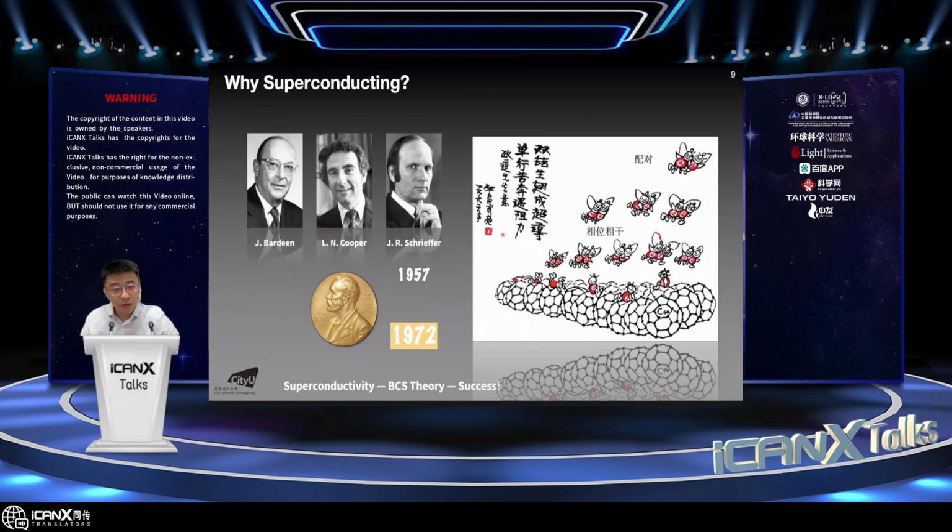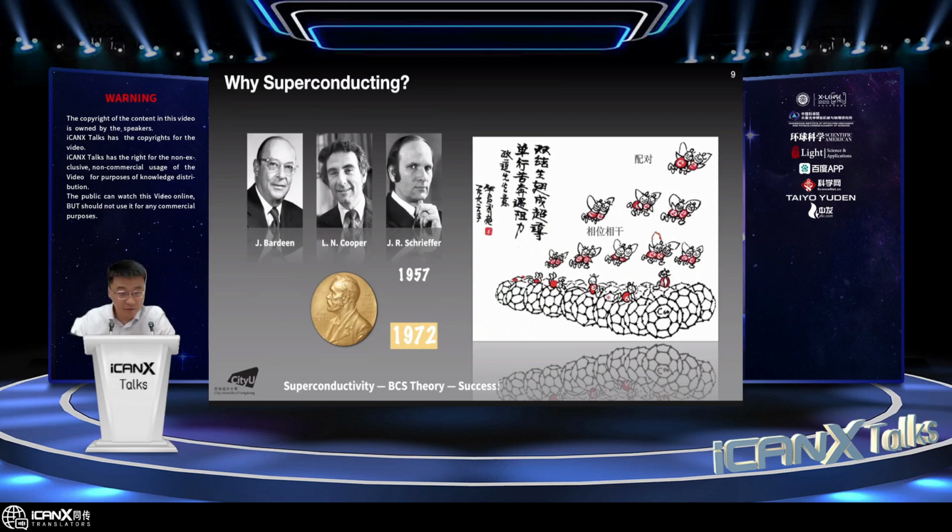They argued that in the material, the lattice can do something very unique: through its vibrations, it can bind the electrons and form electron pairs. These electron pairs are the so-called Cooper pairs. Once formed, they will condense into the superconducting state.